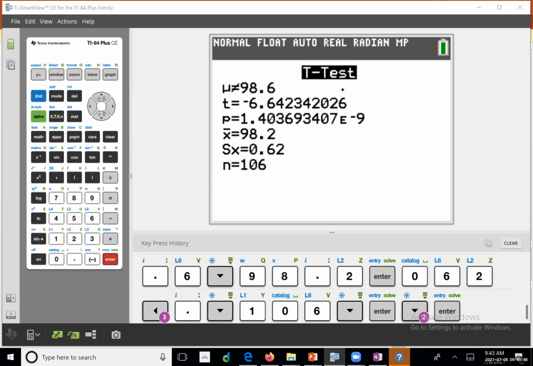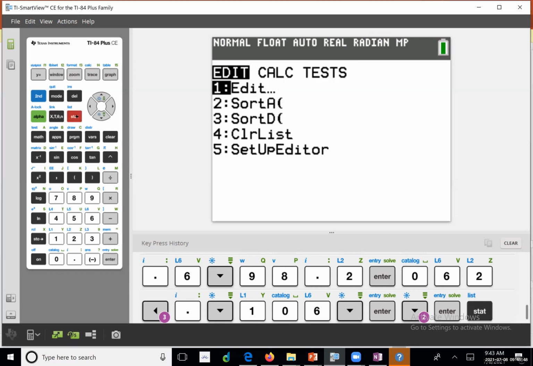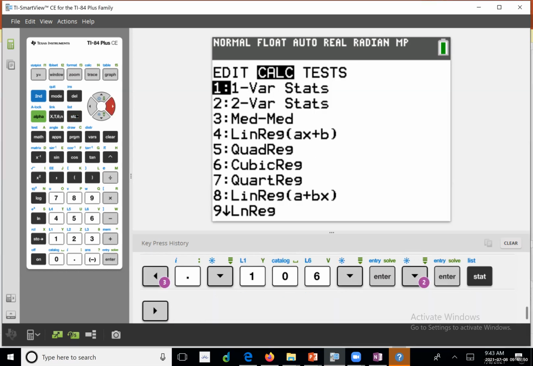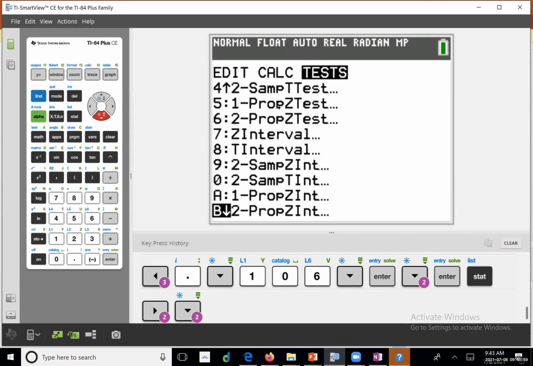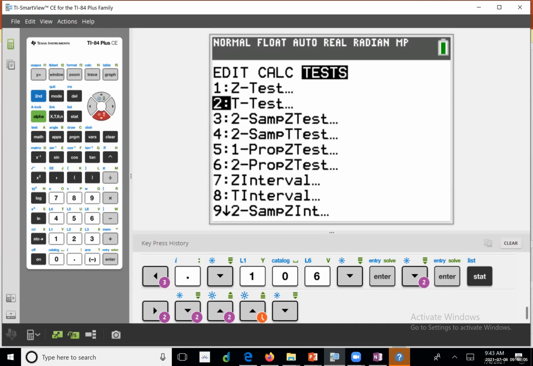You're using one sample because you have one sample. I'm not sure what calculator you have, but if you have this one, you have the t-test. Later on, in the next chapter, we're going to talk about two samples. But right now it's just one sample, and that's the t-test.